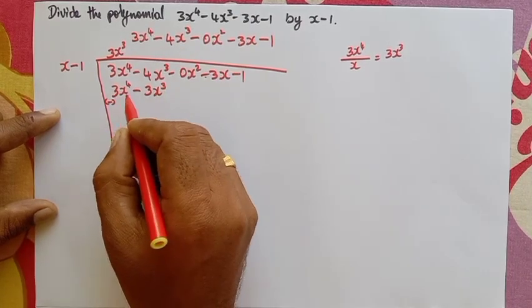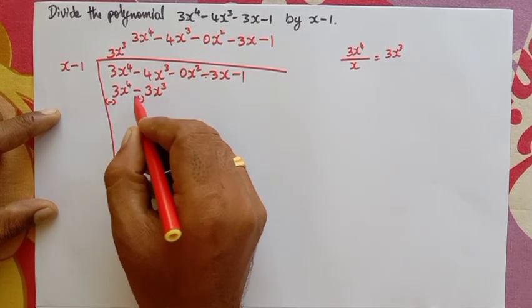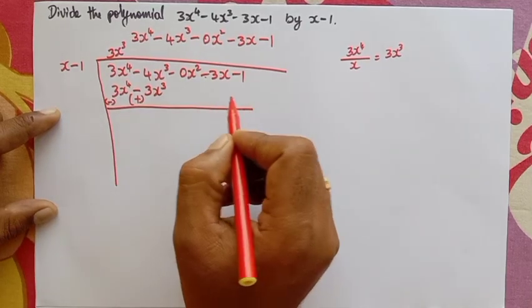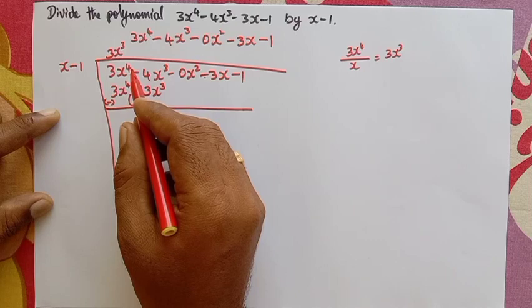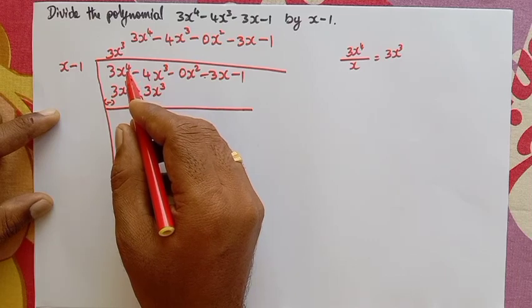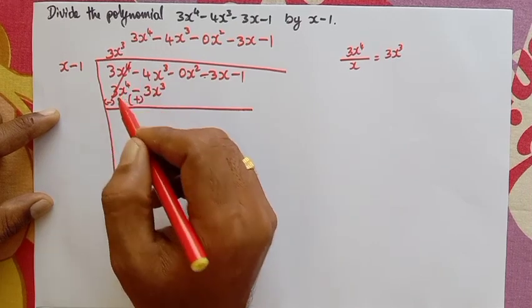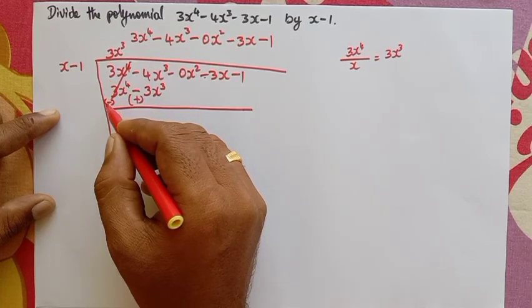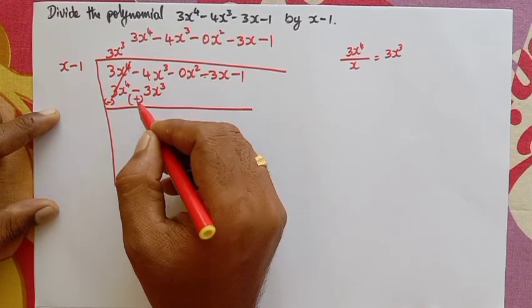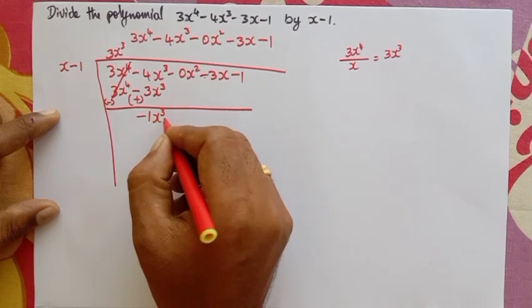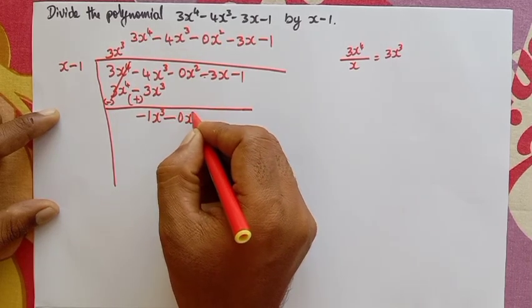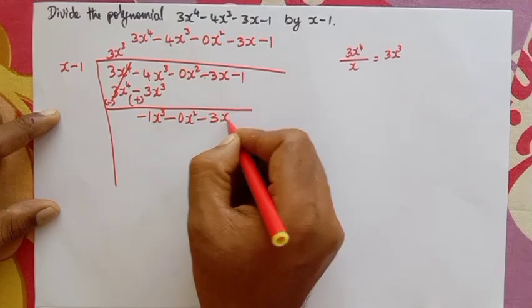Here minus sign changes, here plus. This cancels, plus and minus is there. Here minus 1x cube minus 0x square minus 3x minus 1.